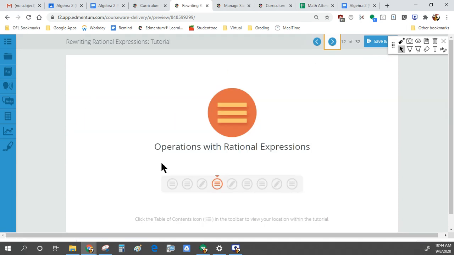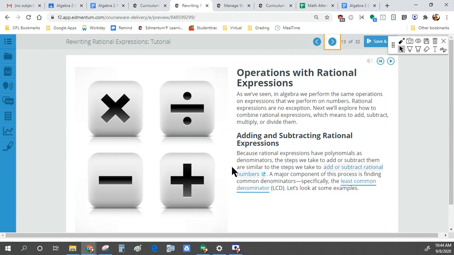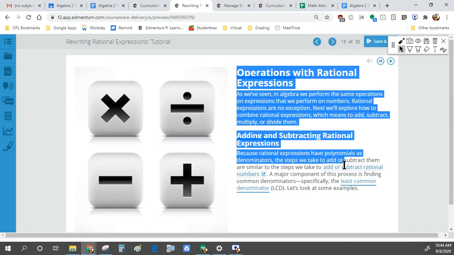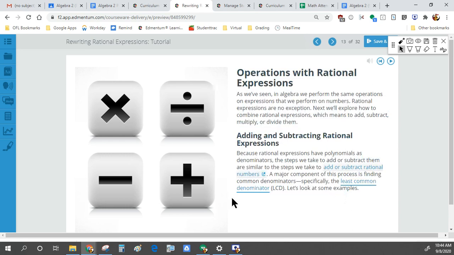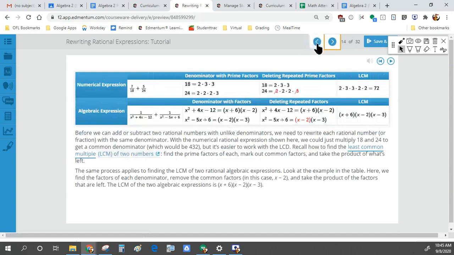So let's go into here. So now we're going to do operations with these. Operations with rational expressions. And remember, guys, if the videos aren't enough, make an appointment with me. We can talk about it some more. The main idea here is it's kind of like how we did fractions before in math, where let's say we had 1 over 3 plus, let's say, 2 over 5.